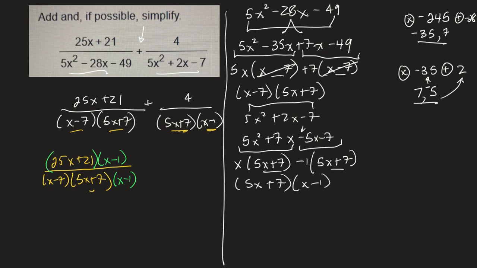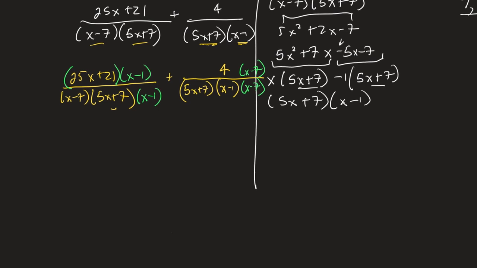Okay, good. So now let's do the other side. So I already have a 5x plus 7 and an x minus 1, but what don't I have? Oh, that x minus 7. So I need an x minus 7 there and on the top. And then already on the top, I still have that 4 from before.